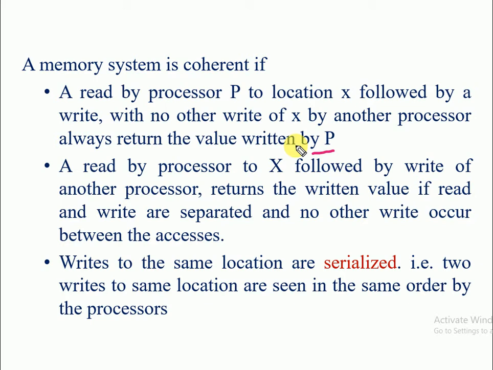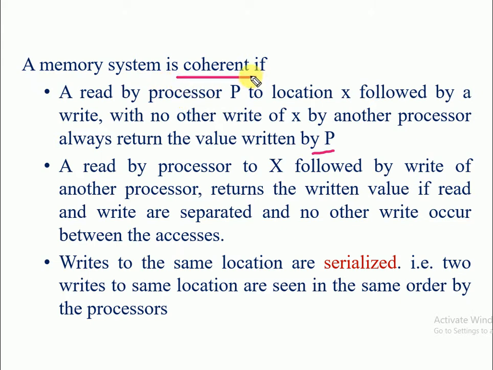A was writing something with no other write of H by another processor, it always returns the value written by P. So whatever value is currently written by P must always be returned, not any previously stored value. Then only we can say that a system is coherent.